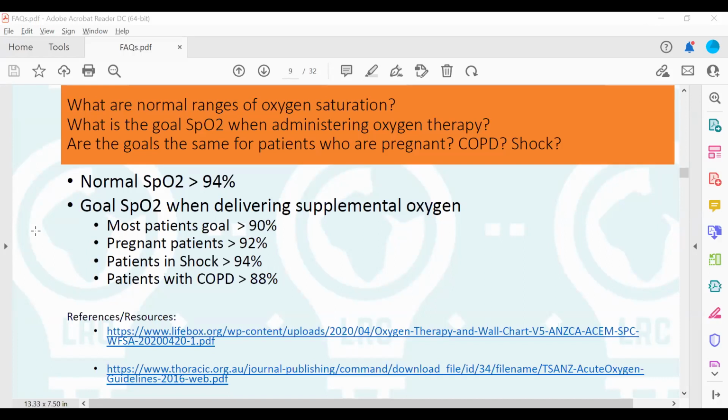So particular attention should be given to patients with COPD and asthmatic patients. They have been having low oxygen saturation, which is quite normal for them. They don't need much oxygen saturation.